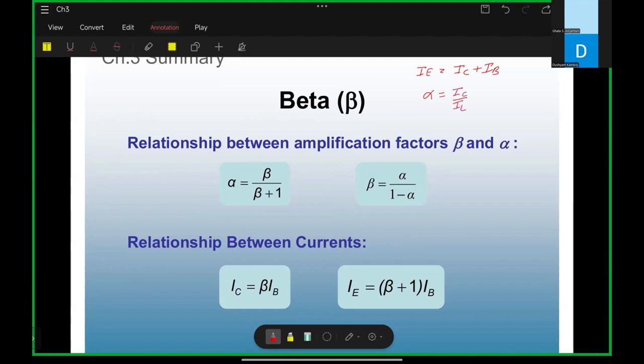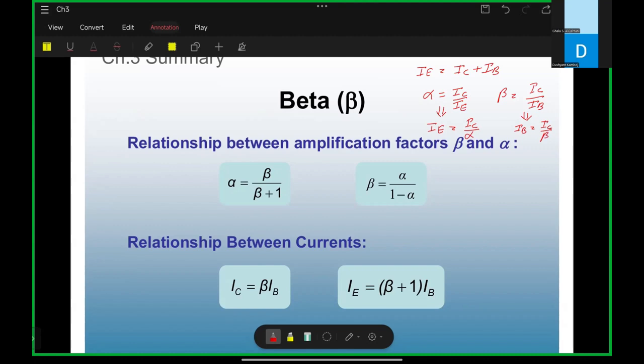IC over IE. Yes. And beta is equal to how much? IC over IB. Very good. So from the first equation, if I calculate the value of IE, that will be IC over alpha. And from this equation, if I calculate the value of IB, that will be IC upon beta.